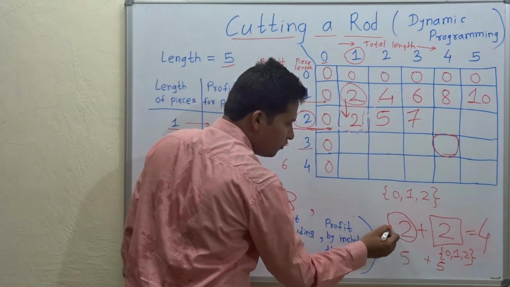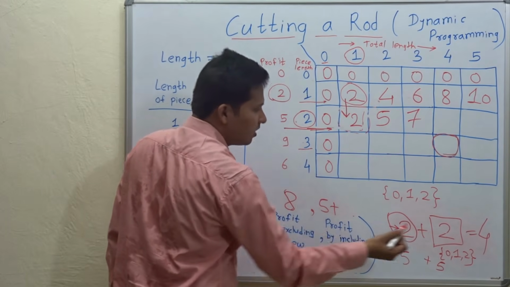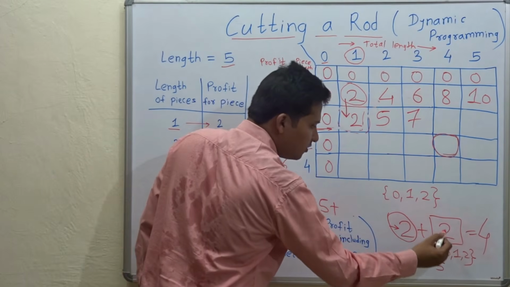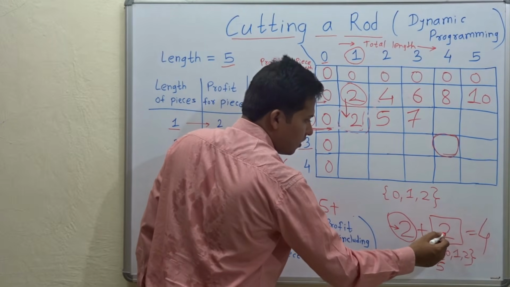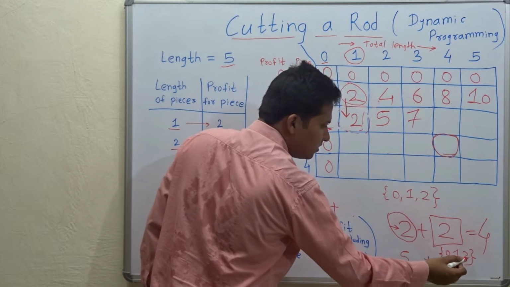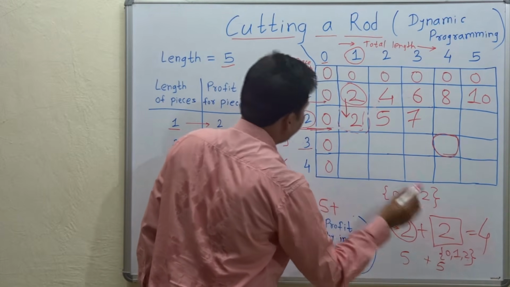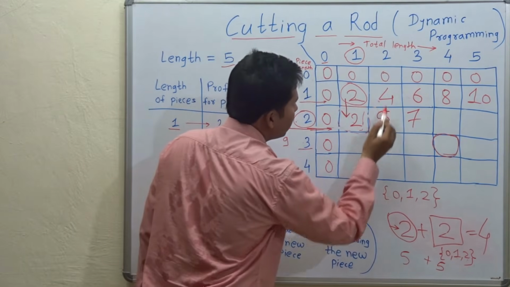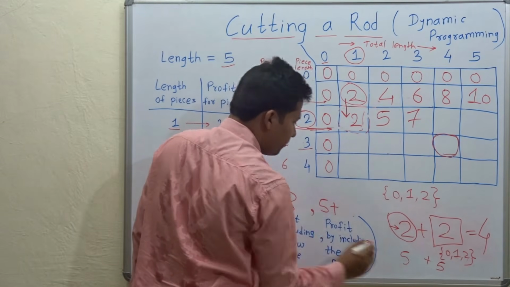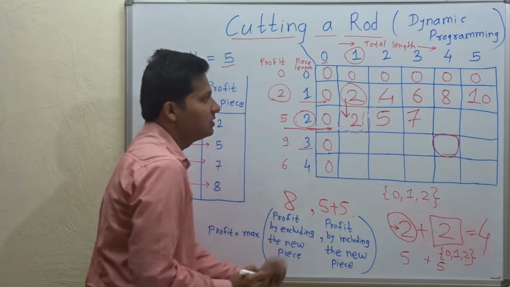First piece is of 2, its profit is 5, plus the remaining length 2 we have to make by using 0, 1 and 2 length pieces. So that profit is here 0, 1, 2 to make 2, that is 5. So I have written 5 here. 5 plus 5 is 10. What is the maximum? 10 is the maximum.